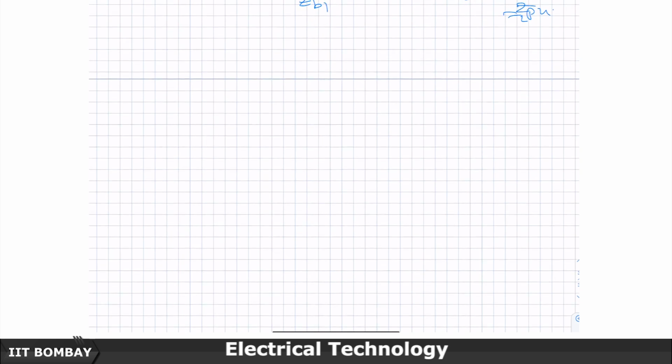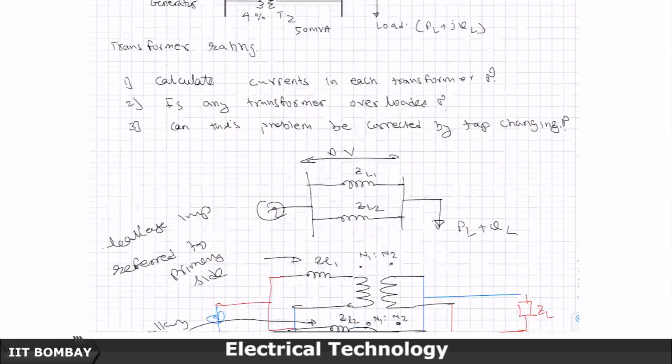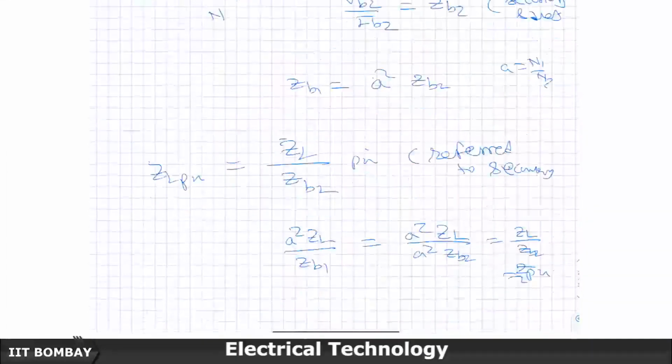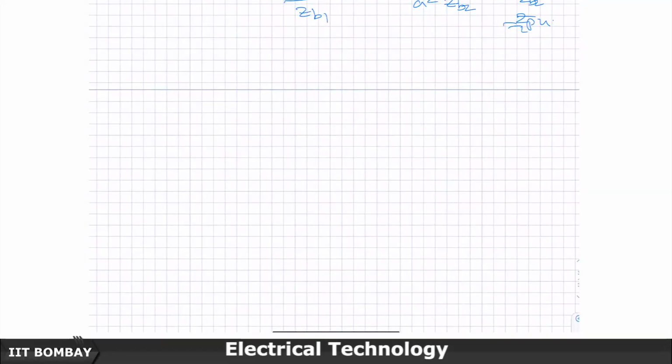So, really speaking, I can write this transformer as 3% impedance. What does 3% impedance mean? The leakage impedance is 3%. If you are doing all the calculations on the primary side in ohms, take this as the leakage impedance referred to primary.